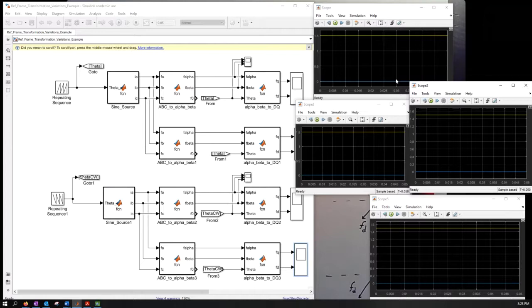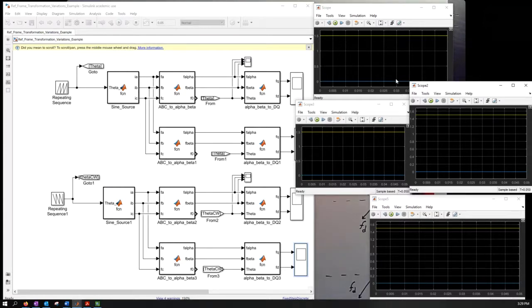This is the tricky part when you work with synchronous machines or reference frame transformation. You need to understand how you define your alpha beta, which direction the vector is rotating, how you relate your alpha beta projections onto your quadrature and direct axis, and what you define as quadrature and direct axis.